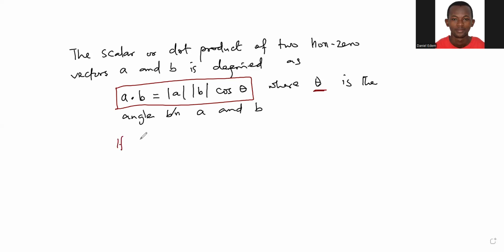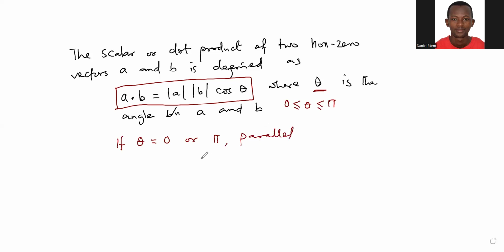So we said that if theta is 0 or pi, don't forget this theta is between 0 and pi, okay? So if the theta is equal to 0 or pi, then we say that they are parallel.